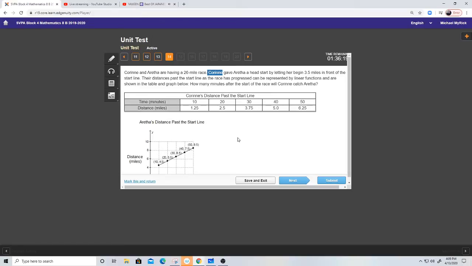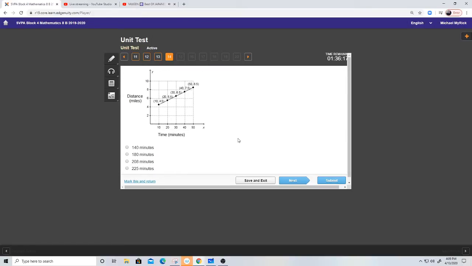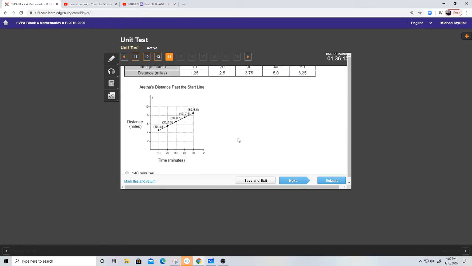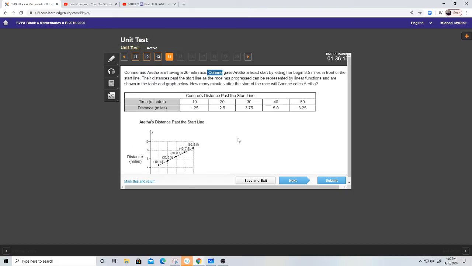I don't think I remember doing this problem and it giving me fits, because some of this stuff did not make sense. Because Corrine gave Aretha the head start, right?